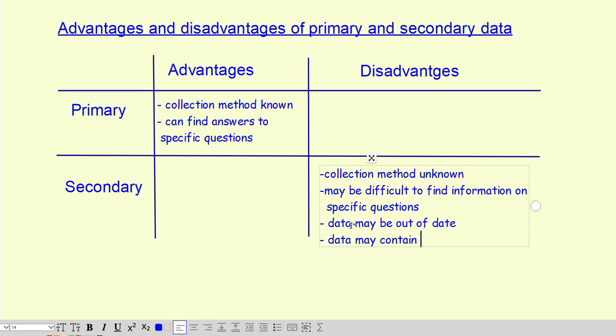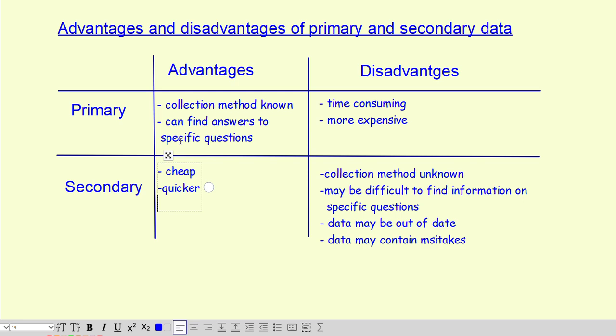Now, disadvantages of primary: if you have to go out there and collect all that data on your own or get someone else to do it for you, it can be time consuming. And more time costs more money, okay? So more expensive. Secondary advantage though is cheaper and quicker and easier. Okay, so they're the advantages there.